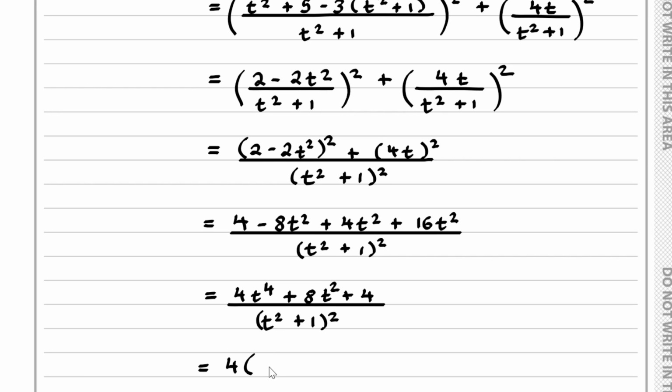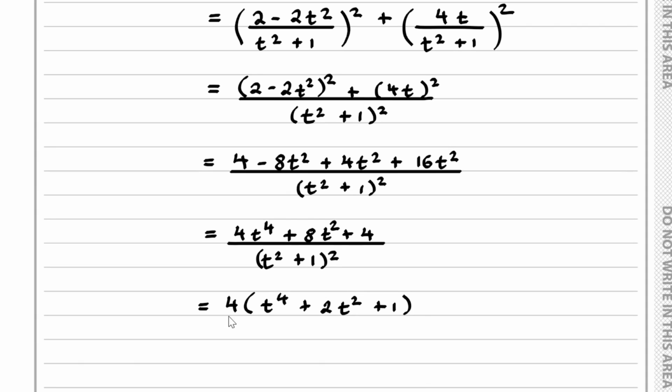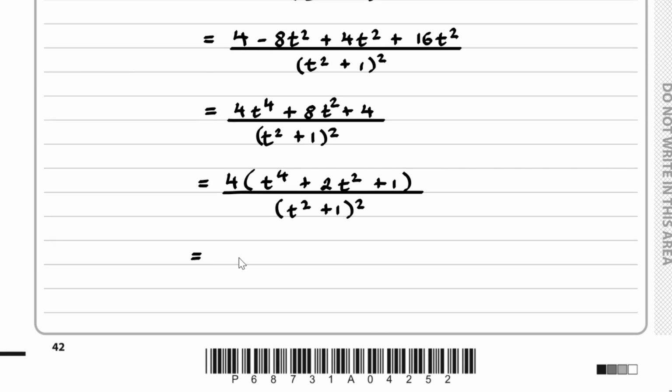So we've got 4 lots of t to the 4 plus 2t squared plus 1, over (t squared plus 1) all squared. And this is the same as on the top, (t squared plus 1) all squared. We will divide this by (t squared plus 1) all squared, which is indeed 4. And that's exactly what we wanted to show.